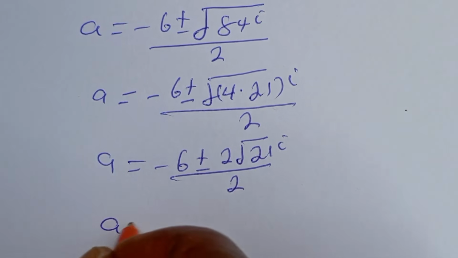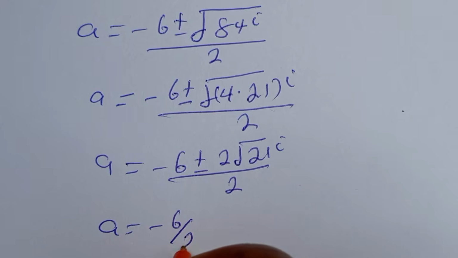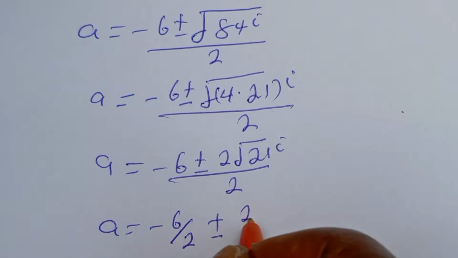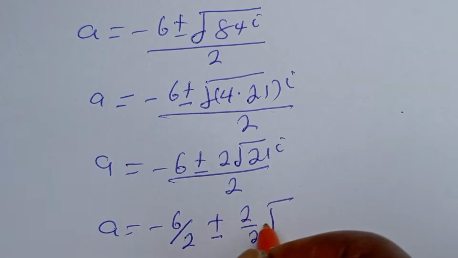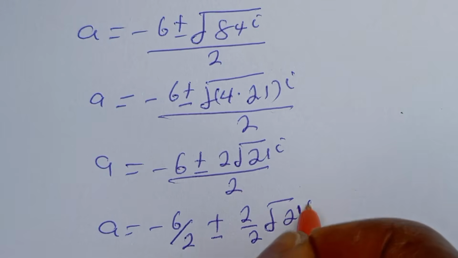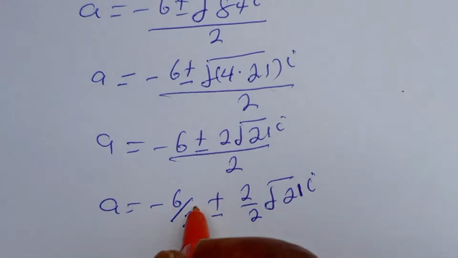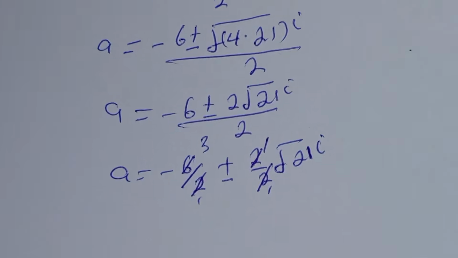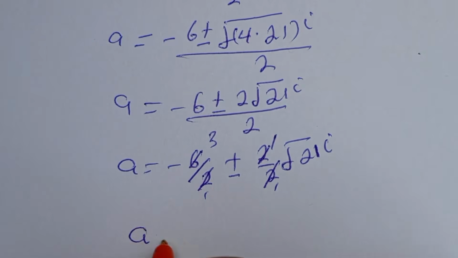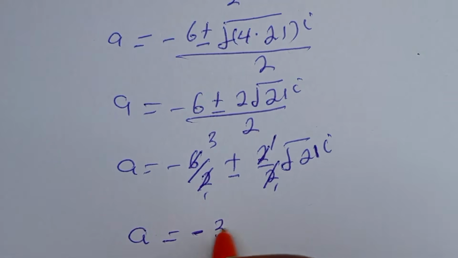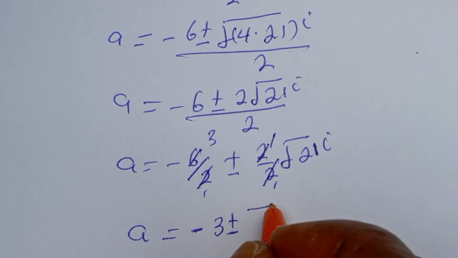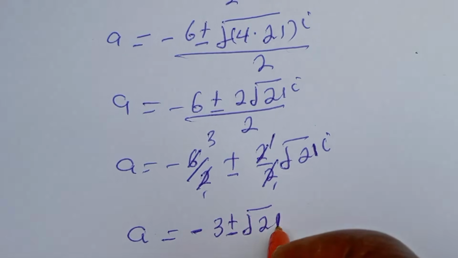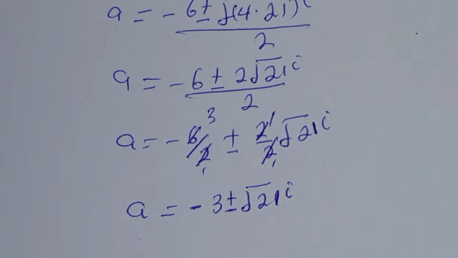Now a is equal to minus 6 over 2 plus or minus 2 over 2 root 21 i. 2 here 1, 2 here 3, 2 here 1, 2 here 1. Then a is equal to minus 3 plus or minus root 21 i.